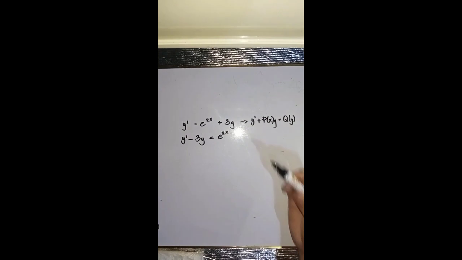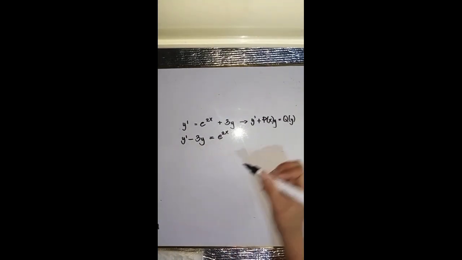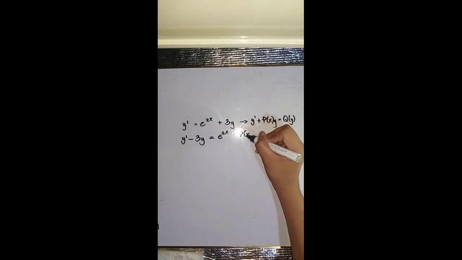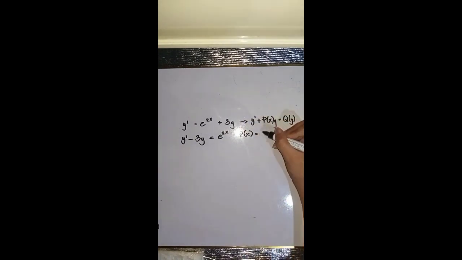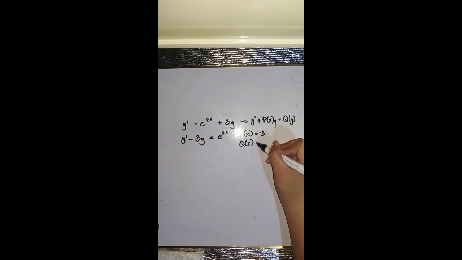With this form, we can now identify the value of the function p of x and the value of q of x. So p of x is negative 3, and q of x is e raised to 2x.